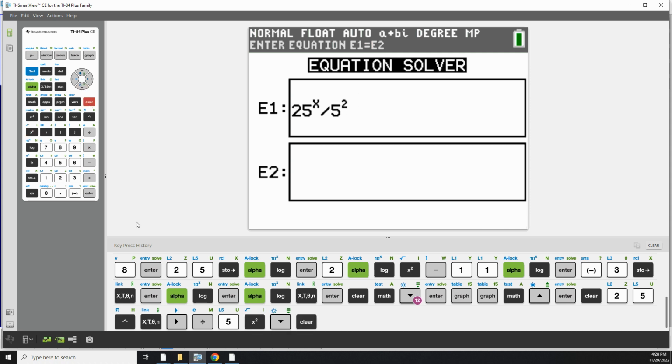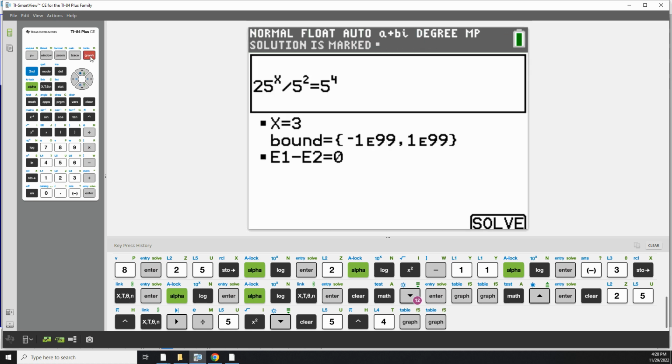And what did it equal? 5 to the 4th. So all I do is hit the left side, hit the right side. Okay. Solve. And the answer's 3.